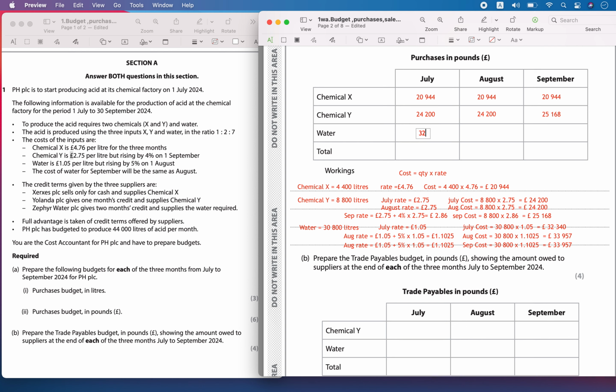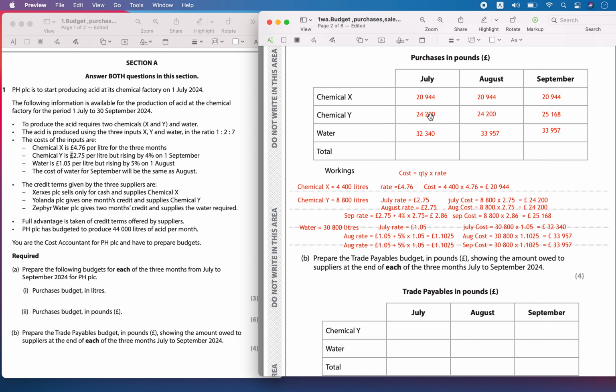In the first month it will be 32,340 pounds. For the second month, August, it is going to become 33,957. The company has to allocate this much cost for each month to purchase these quantities.